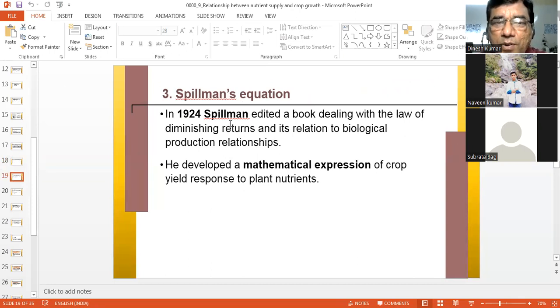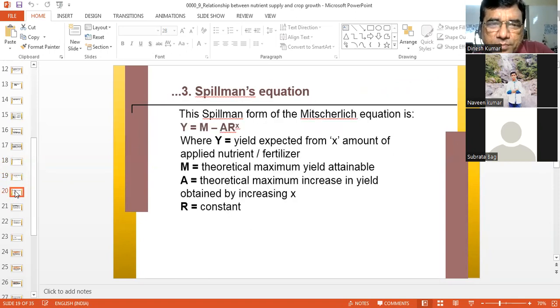In 1924, Spillman edited a book dealing with the law of diminishing return and its relation to biological production relationship. He developed a mathematical expression of crop yield response to plant nutrients. This was the relationship established by him: Y = M - A R^x.